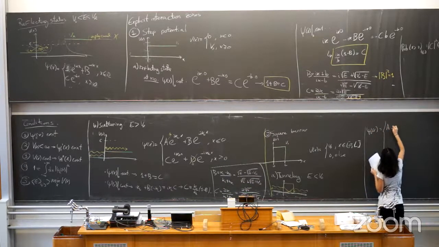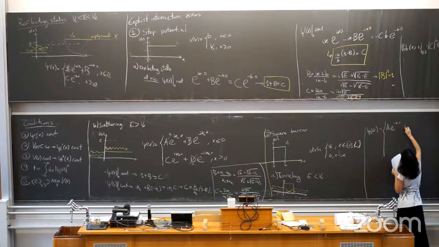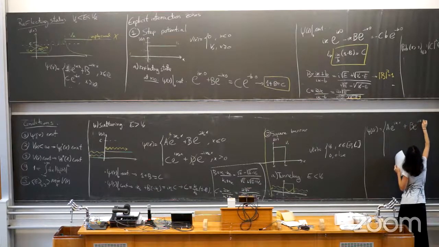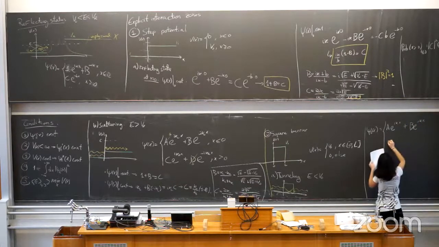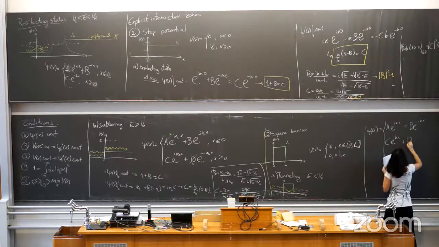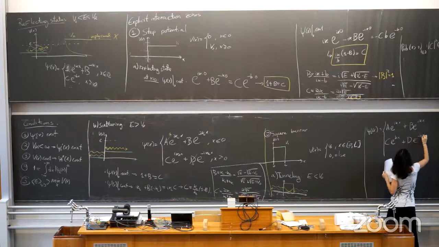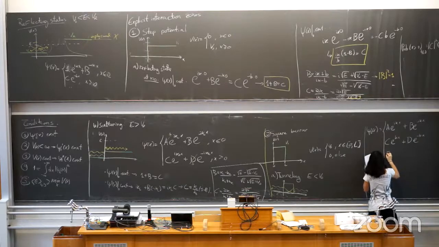X, and we have C e^(BX), then we have some D, and we jump to F e^(iKX).